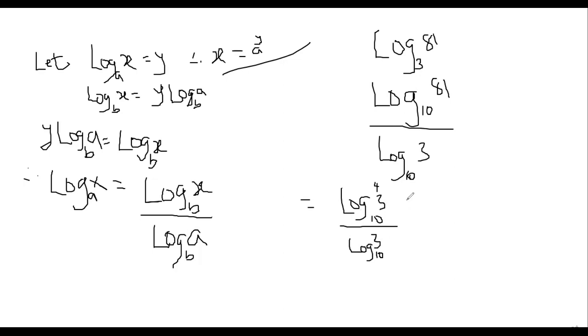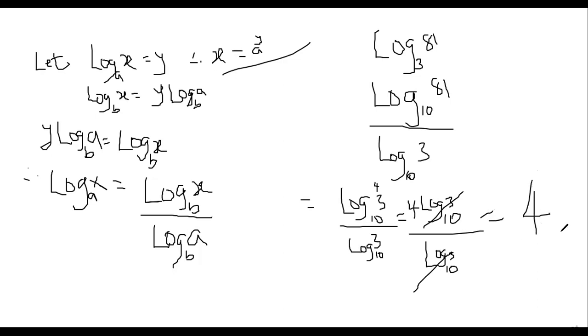Remember our rule of log: when we have this kind of values, it is the same thing as 4 log 3 base 10 divided by log 3 base 10. This cancels this, and our answer is 4. So we have just used the change of base to solve this. Remember, there are other ways to solve this also.